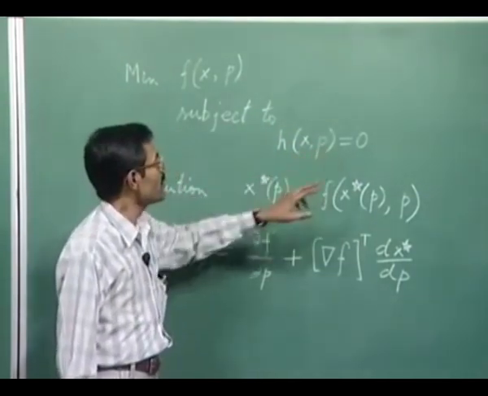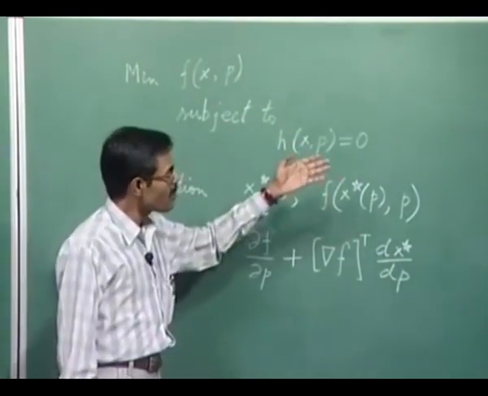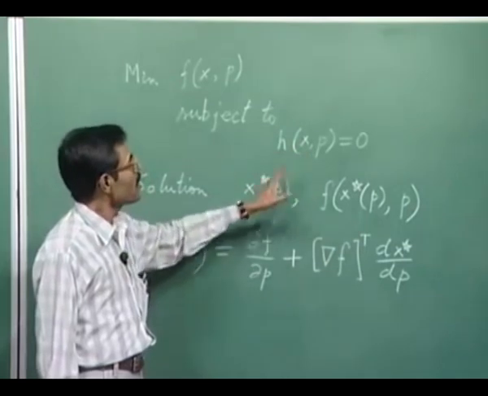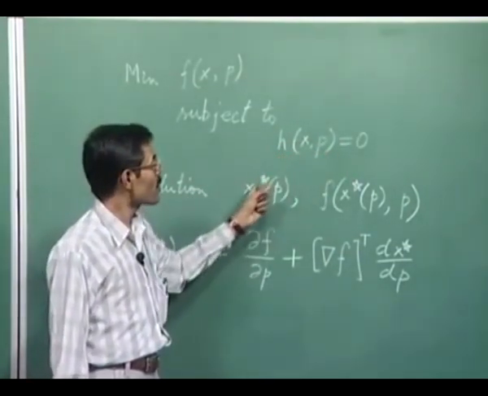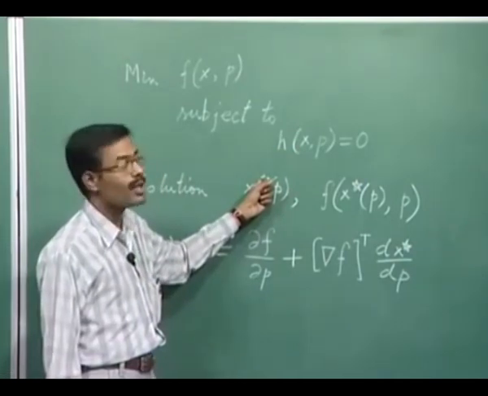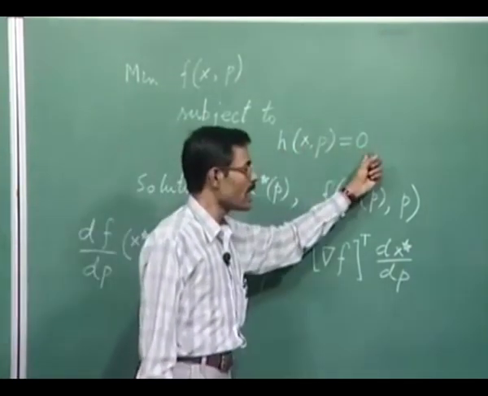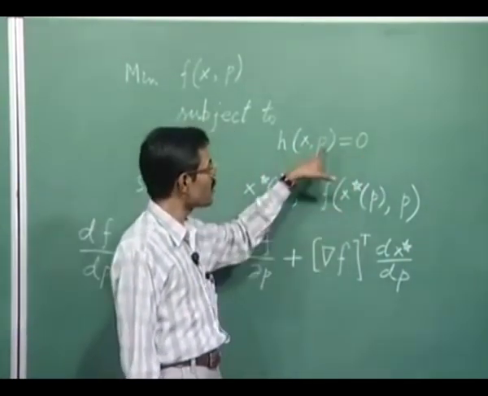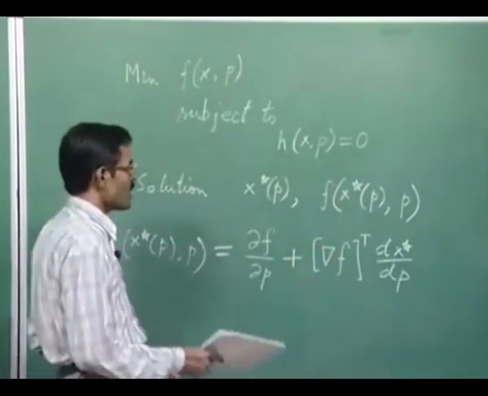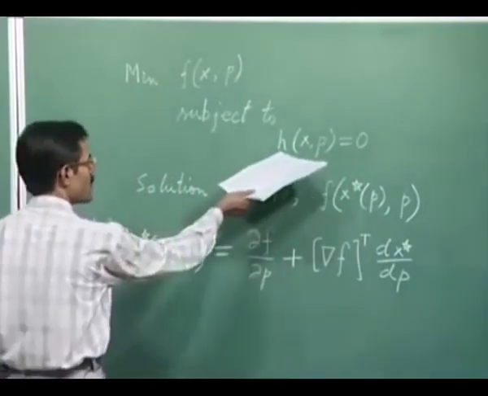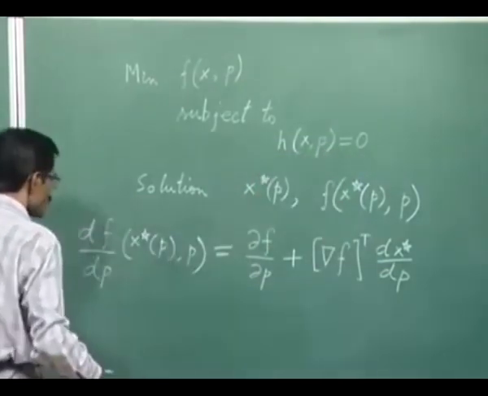That means, whatever changes in p you made, h of x p still remains 0, because the new x star will be feasible with respect to the new h defined with the help of the new p, right. So, this will be still satisfied. That means, as you change p, h remains 0.